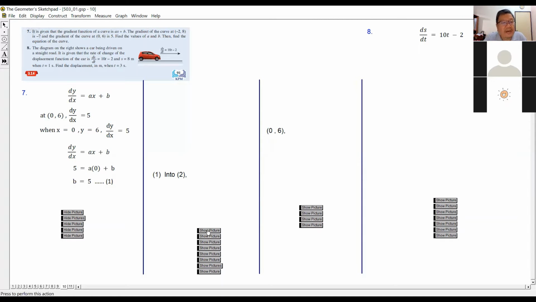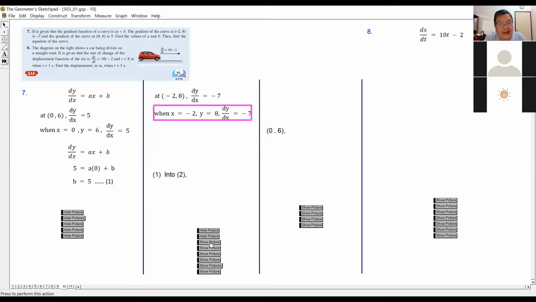Okay, now we are going to make use of the other set of values. At the point (-2, 8), dy/dx equals -7. So what to do? Again, we substitute inside the dy/dx equation. So when x equals -2, y equals 8, dy/dx equals -7.